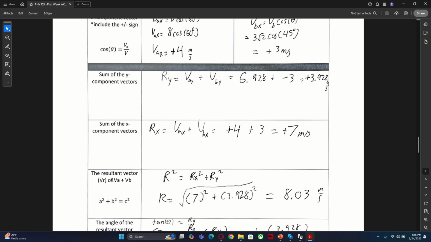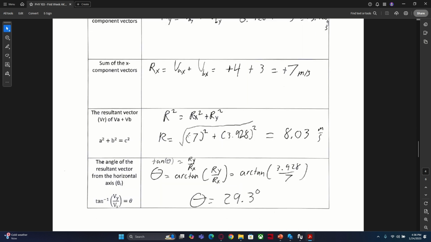The resultant vector is just going to be the x component squared plus the y component squared. So 7 squared plus 3.928 squared. Adding those two together and then square rooting all of that, you should get roughly 8.03 meters per second.